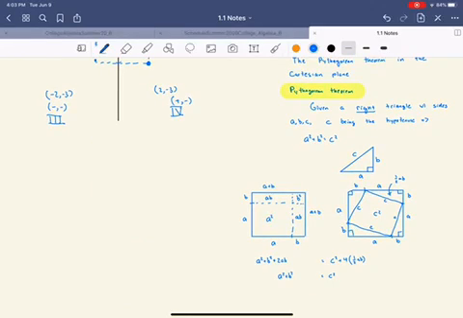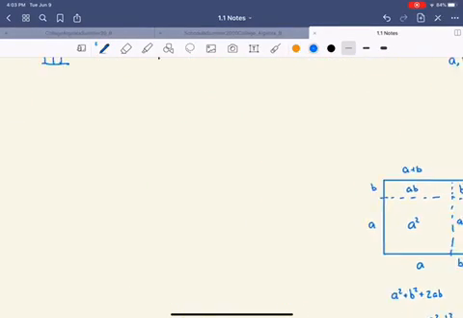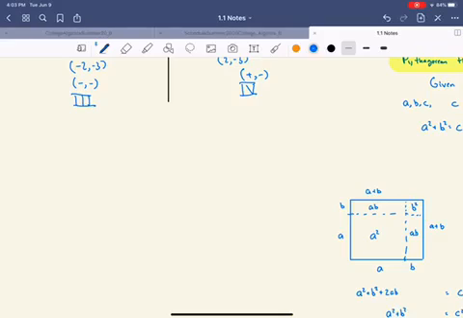Let's see, how does the Pythagorean theorem become the distance formula? So let's draw a coordinate plane.